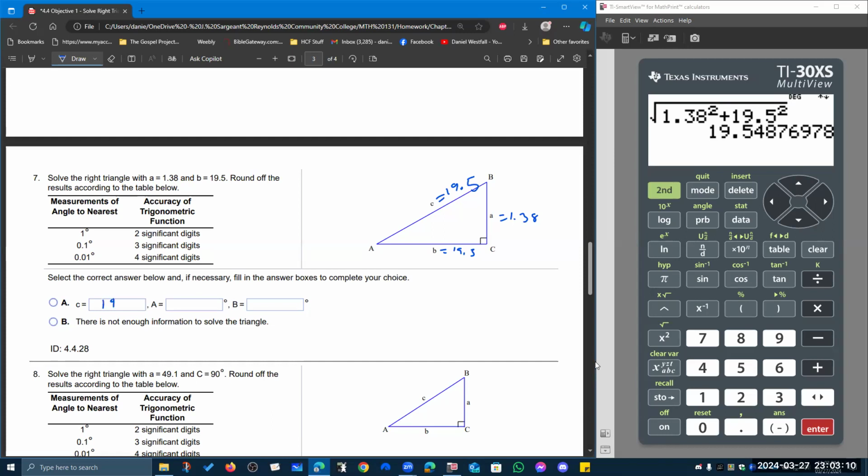We'll leave it at that. That's 3 significant digits.